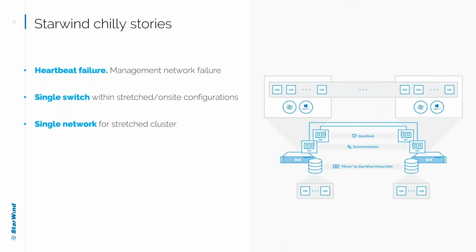Third one is pretty much the same. That's the single network between stretched nodes in the cluster. If your production is being replicated between different locations, even between different rooms, there may be a chance that you have a single network cable between the data centers.